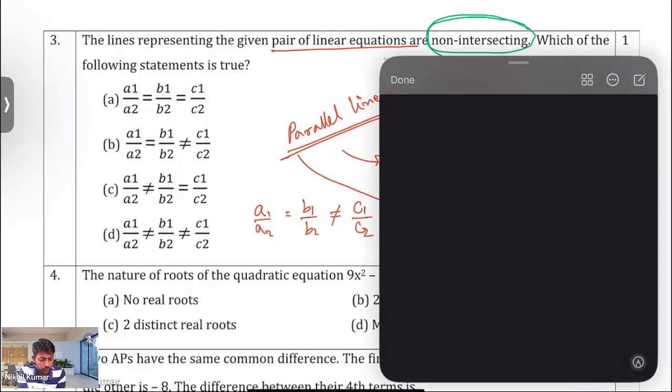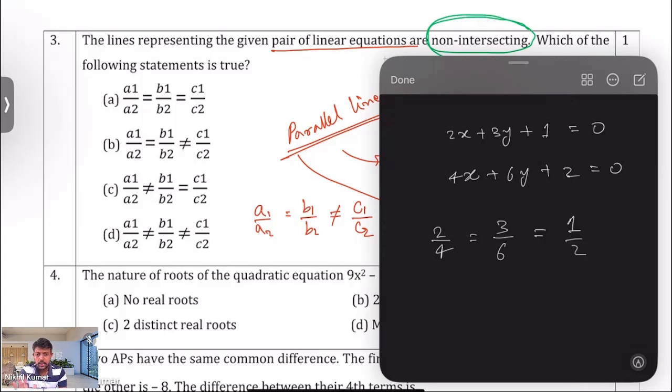Let's say we have 2x plus 3y plus 1 equal to 0, and we have 4x plus 6y plus 2 equal to 0. Seemingly these two lines look like they are two different lines. And you see that a1 upon a2 is equal to b1 upon b2 is equal to c1 upon c2. We can see that, right? But these two lines are actually the same line.